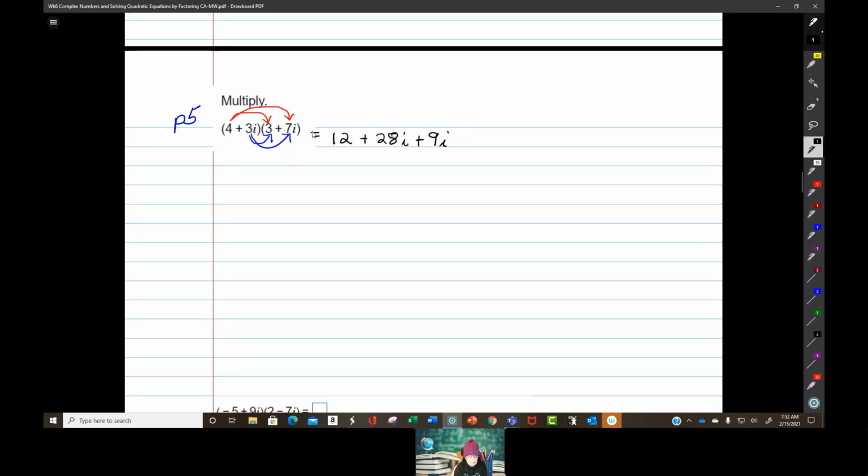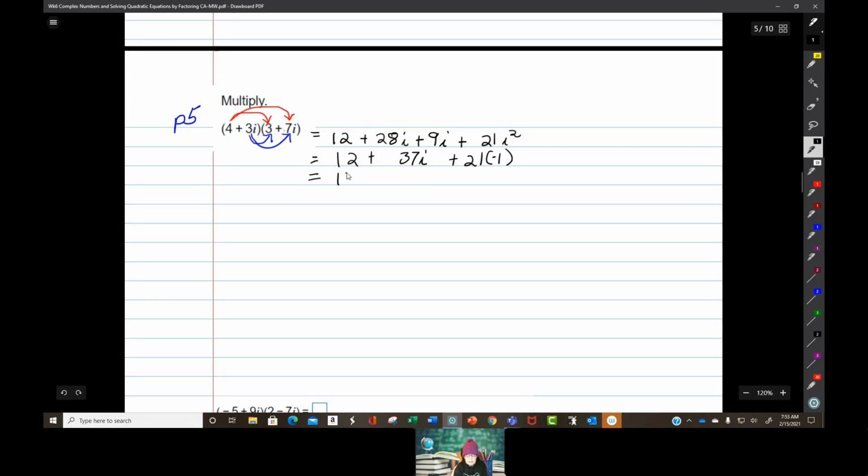And 3i times 7i, 3 times 7 is 21, i times i is i squared. So we're going to have 12 plus 37i plus 21 times -1.